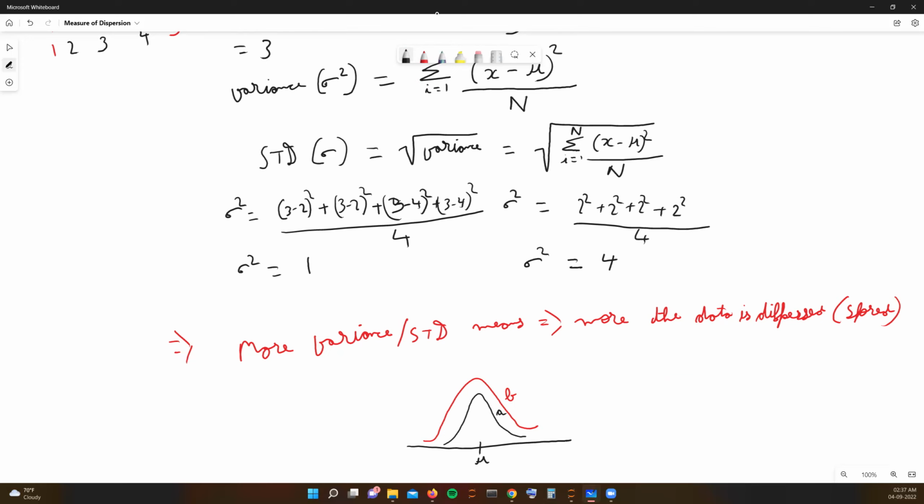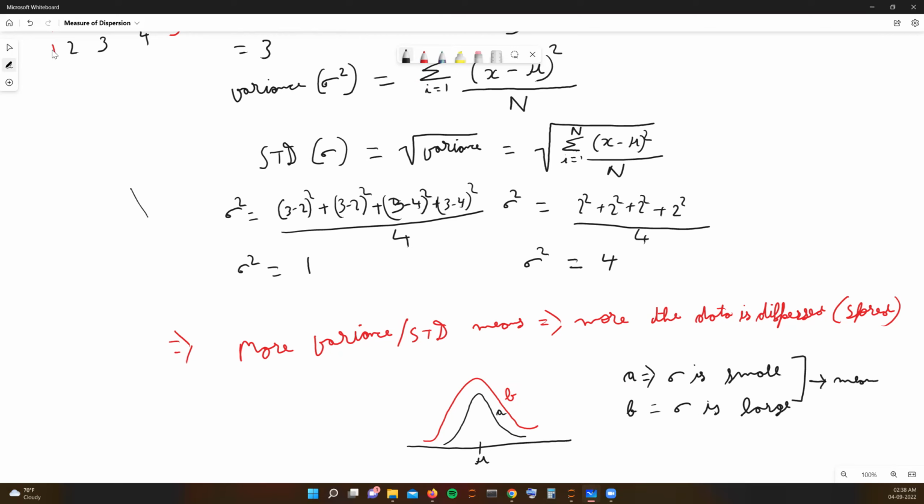So for A, your sigma is small, sigma or sigma square both. For B, your sigma is large, and both have the same mean itself. So once you know the central tendency and the dispersion, you can easily visualize how your data is spread, or how your data distribution is. So for seeing the spread in a distribution, we use standard deviation or variance.